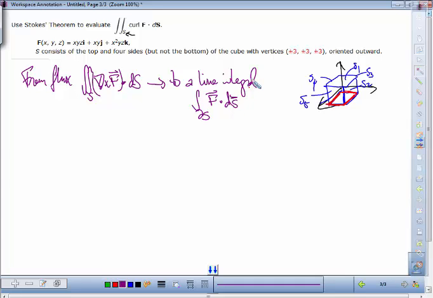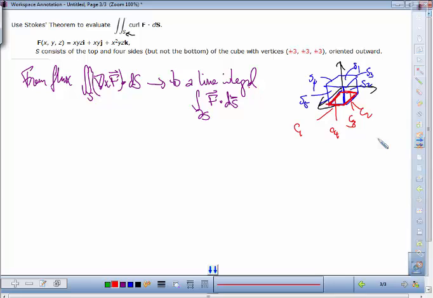So the bad news is that there's going to be 4 pieces to our boundary. It's not a nice circle where I can just do one parameterization. I have to do 4 parameterizations. So let's deal with that. Let's call this C1, C2, C3, and C4.